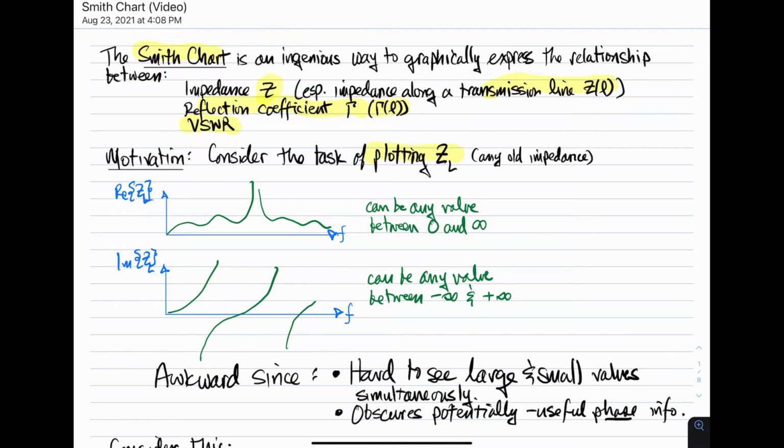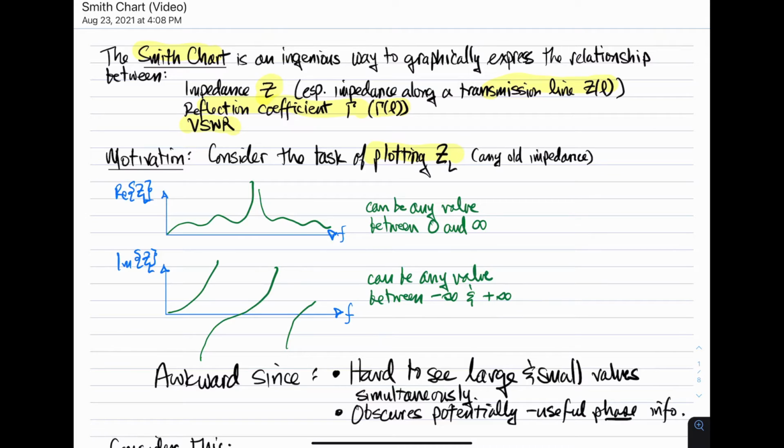In general, Z sub L is complex valued, and in general, it varies as a function of lots of things. The length of a transmission line could be one thing, but frequency would be a very common thing for it to be a function of. So let's consider this complex valued quantity, Z sub L, as a function of frequency.